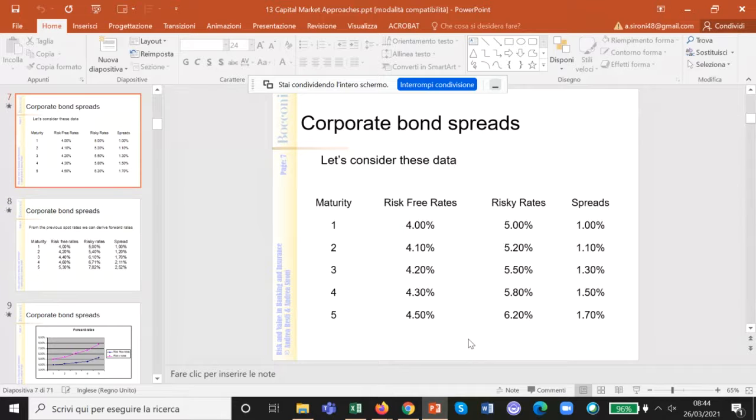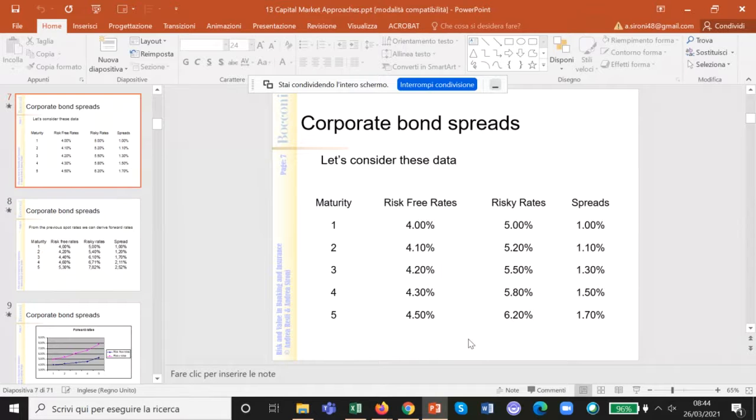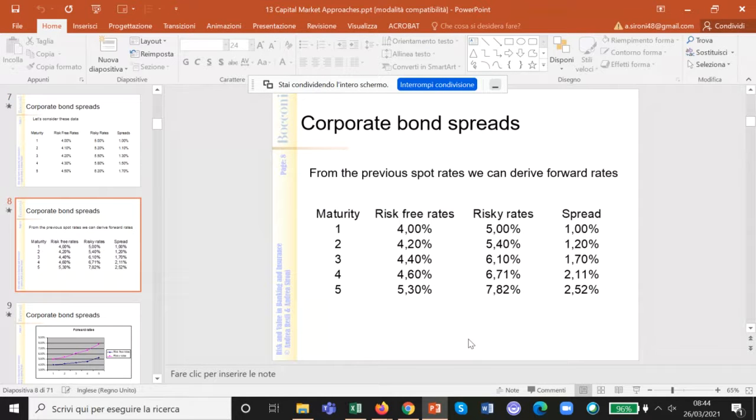And you can see clearly when the curve is upward sloping, the forward rates, which are the rates for future periods, are above the spot rates, okay? So for example, the 1 year rate is 4%, the 2 year rate is 4.1%, therefore the interest rate for the second year is 4.2, so it is higher than the previous two.